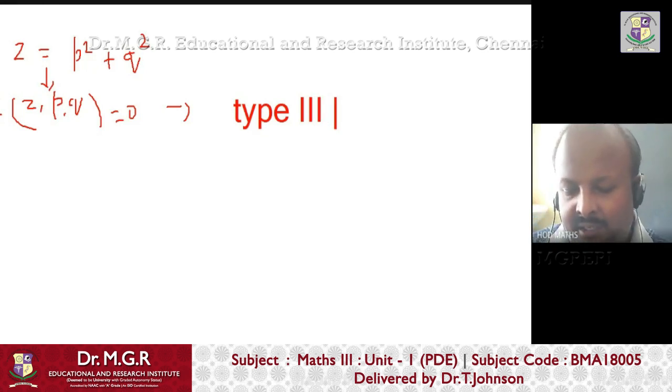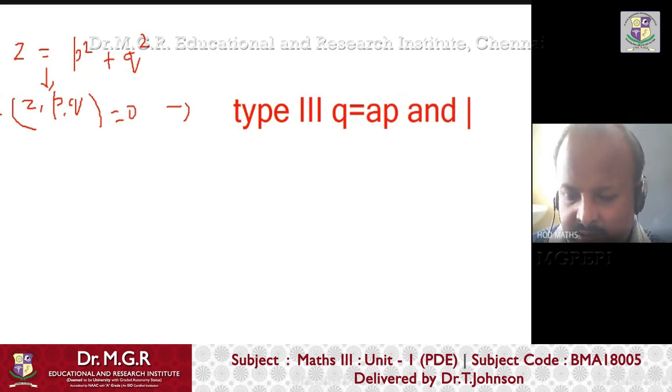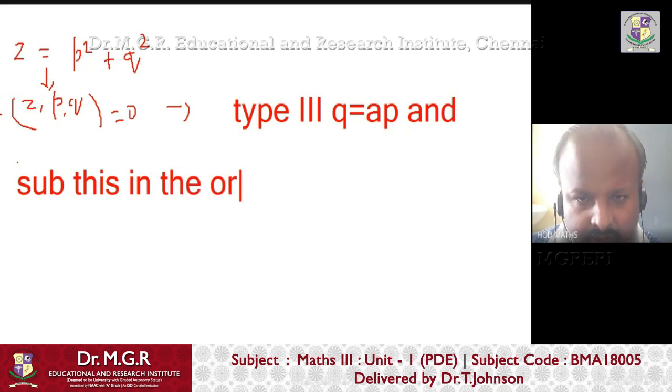Then we can write q equals a times p, and we substitute this in the original equation.